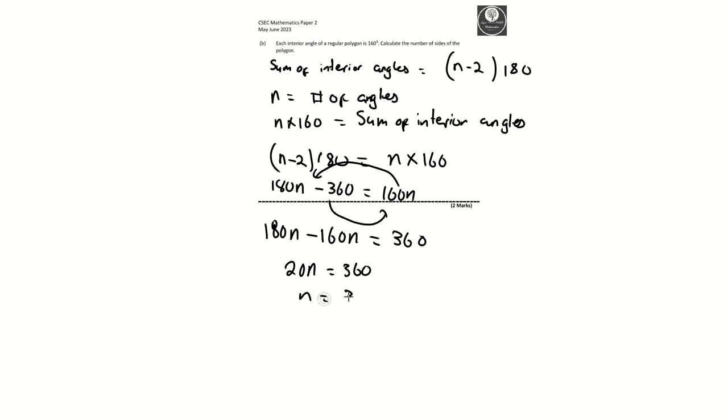So n would be 360 divided by 20, which is equal to 18. And that would be your answer for this question. Do we understand this, guys? Anybody is confused about this?